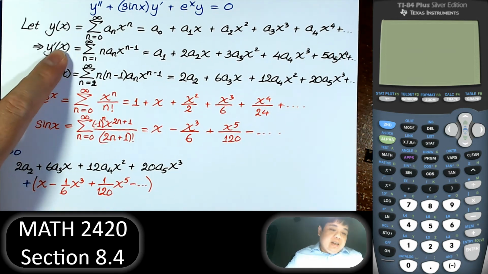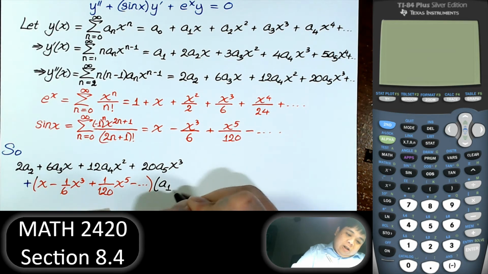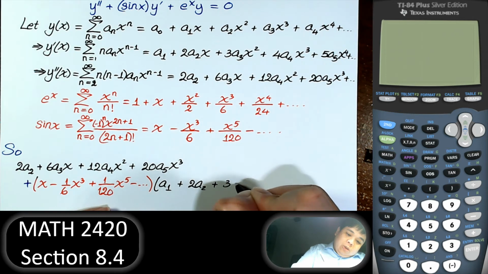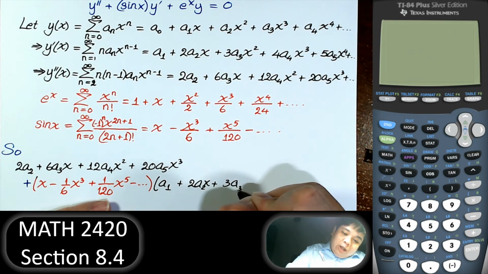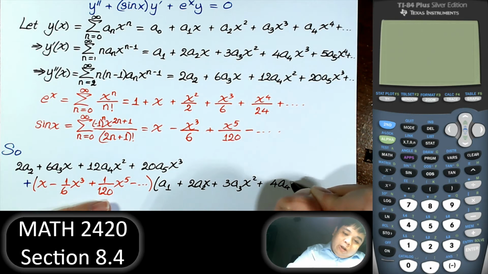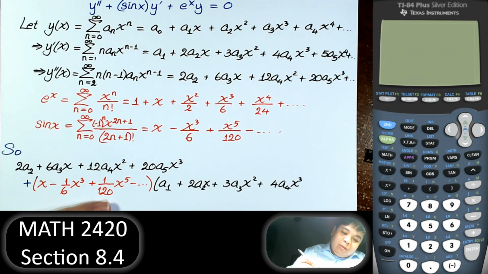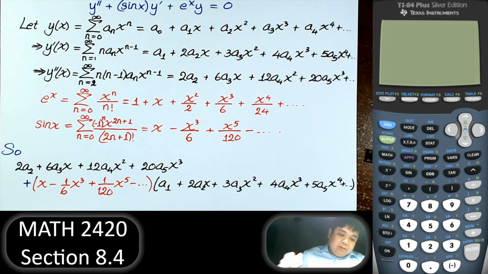And then the first derivative: a1, 2a2, 3a3 x squared, 4a4 x cubed, 5a5 x to the fourth, and so on.